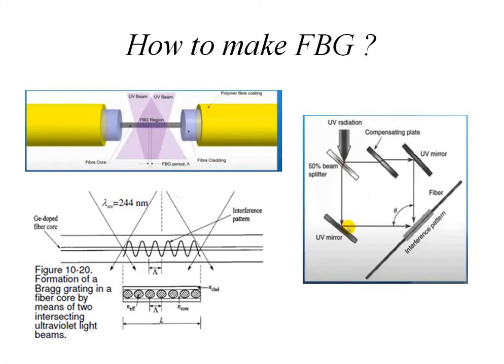The grating fabrication is done by means of a UV beam, which is divided into two beams using a beam splitter. And then these two beams are brought together at an angle theta.